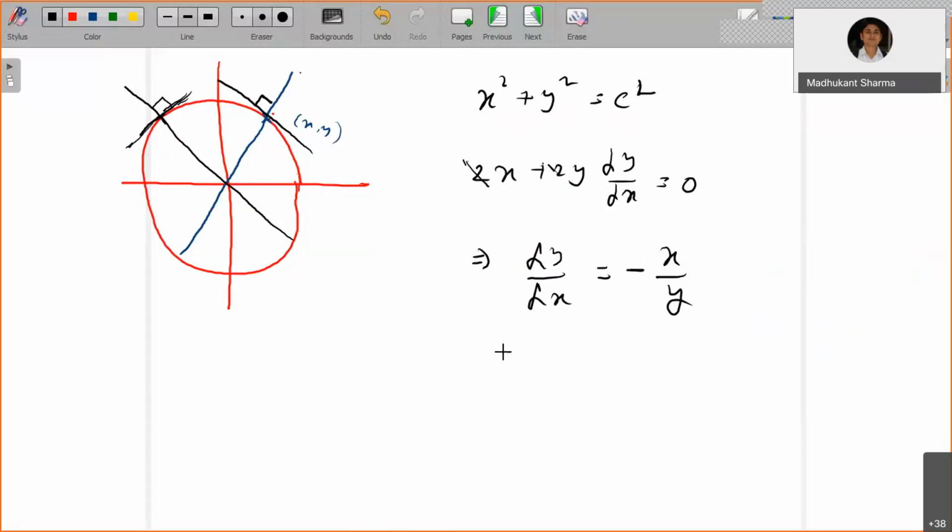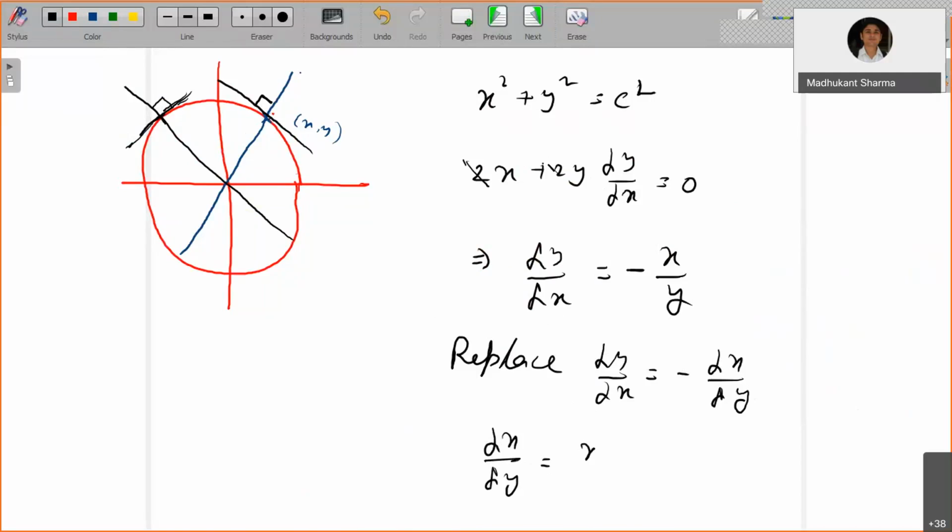Now to obtain the orthogonal trajectory family, replace dy by dx by minus dx by dy. Once you replace, the minus sign gets cancelled on both sides, and dx by dy is equal to x by y.